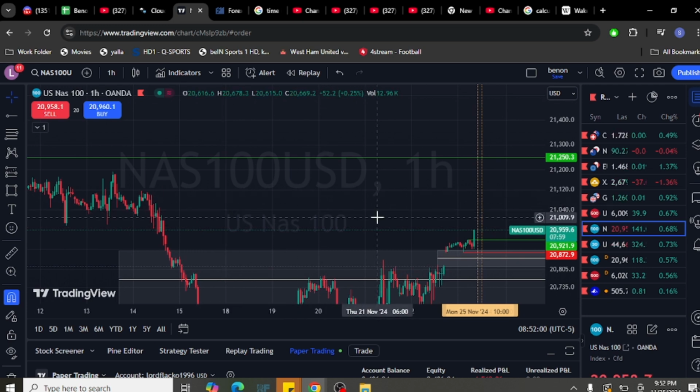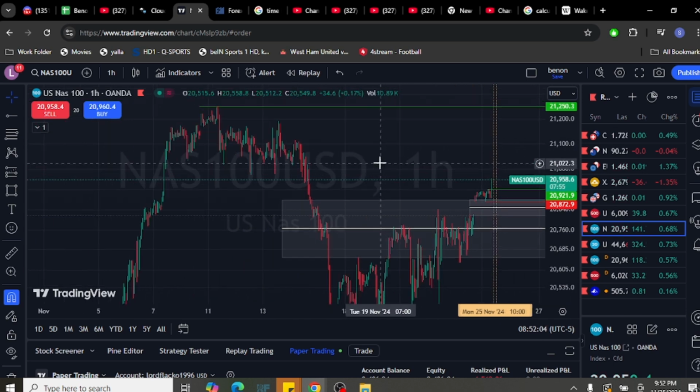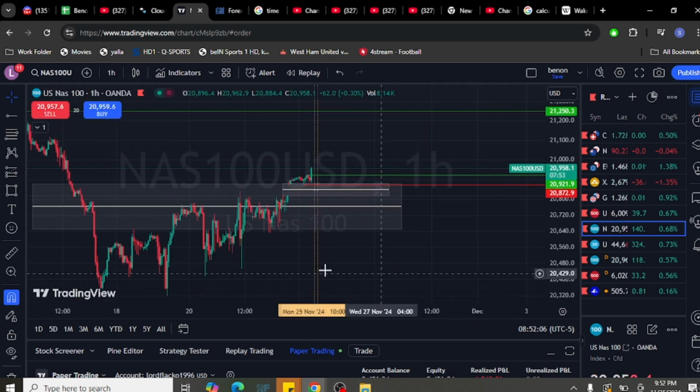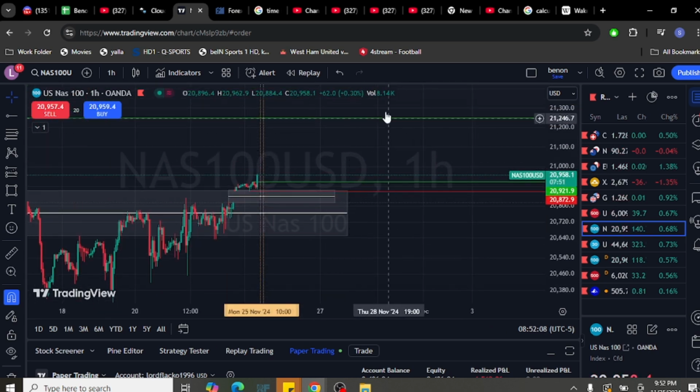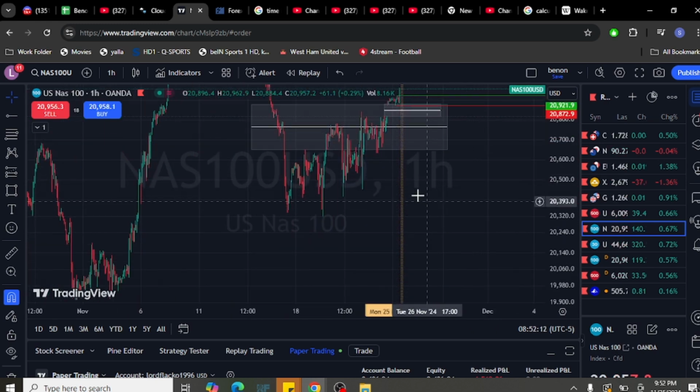So that's basically it for today, or even this week. For this week, really, I'm looking at these highs. There's nothing really down here that I'm looking for.